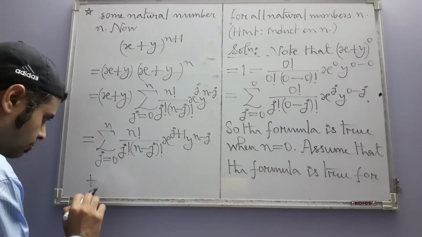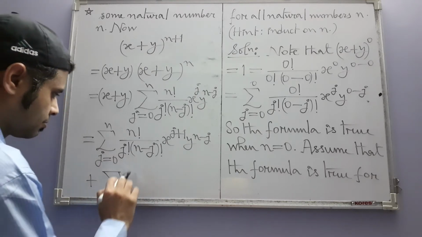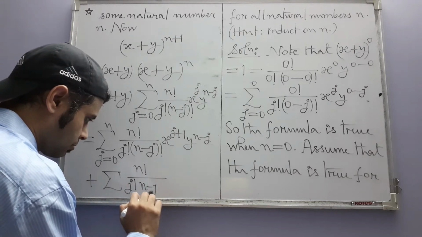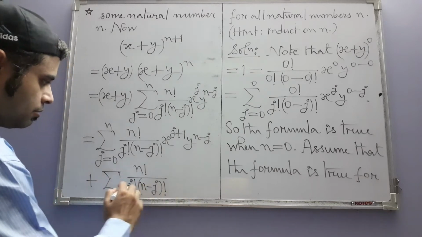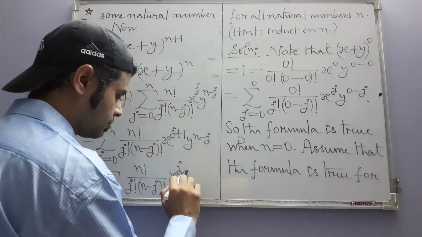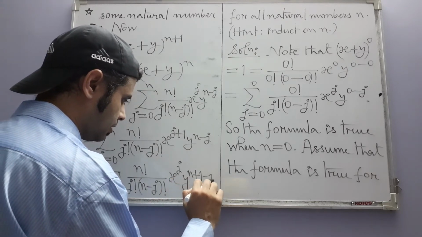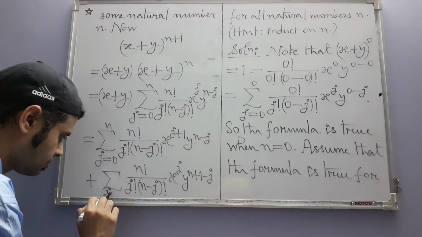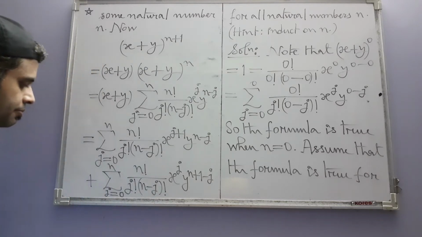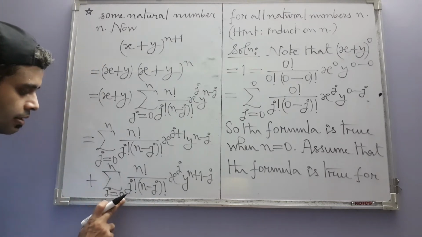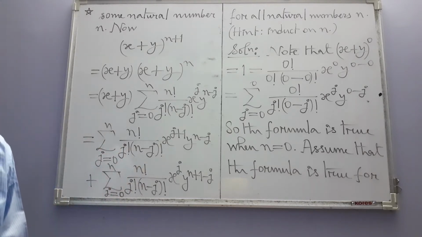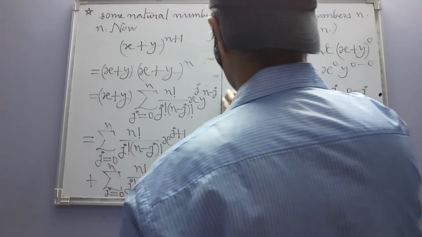Plus another such where all the terms we multiply by y. So y to the power n plus 1 minus j, and j of course again here also varies from 0 to n. I hope all these things are visible. Here in this series, j has the lower limit 0 and upper limit n, just like the first one. But then what?